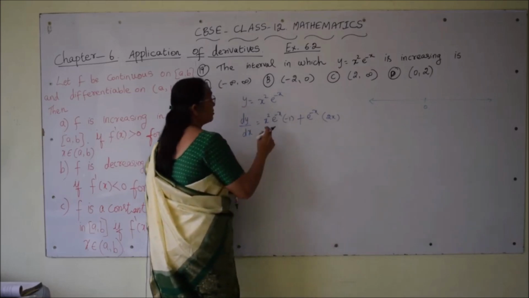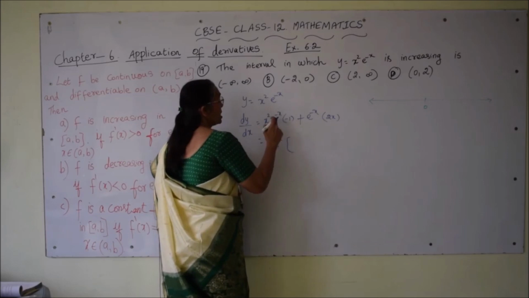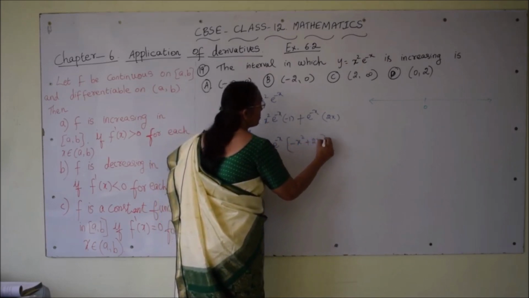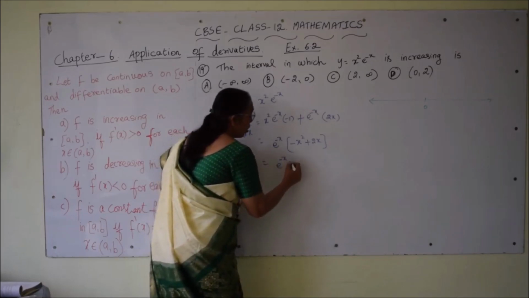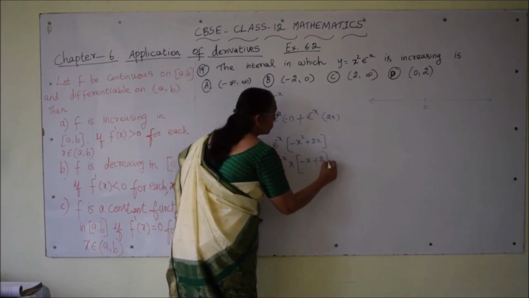Simplifying, e power minus x can be taken common outside: e power minus x of minus x square plus 2x. Even x can be taken common: e power minus x of x into minus x plus 2.